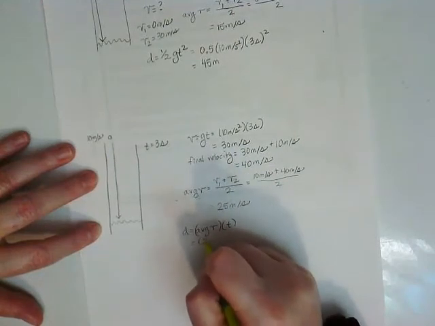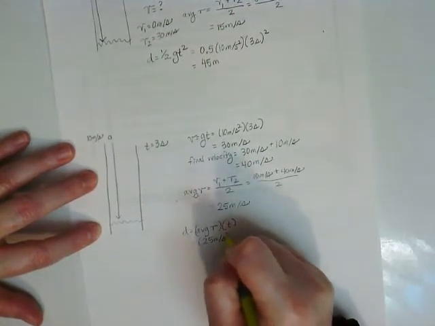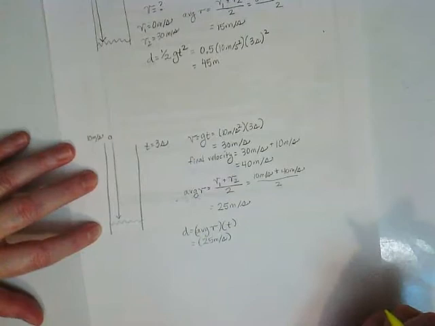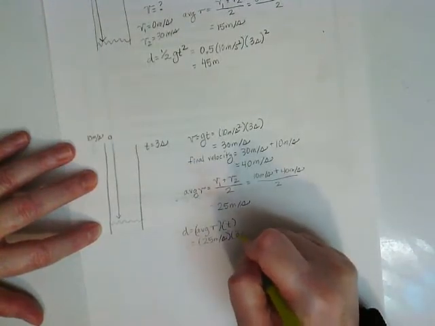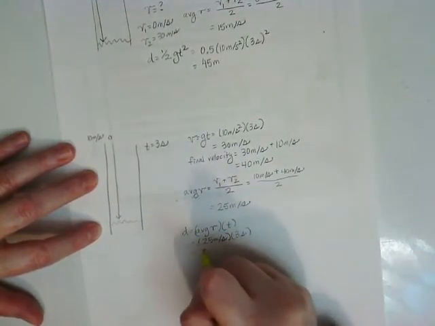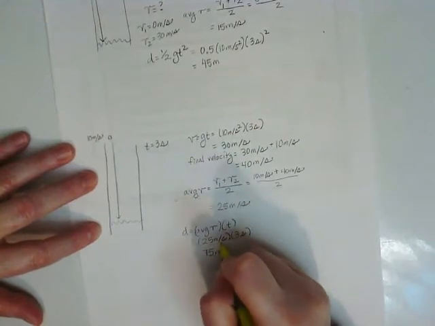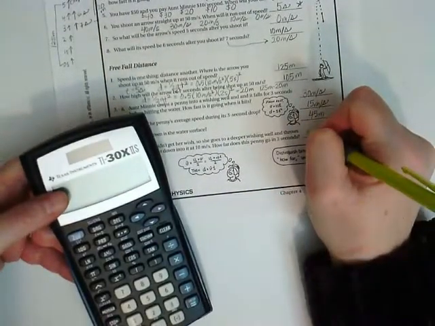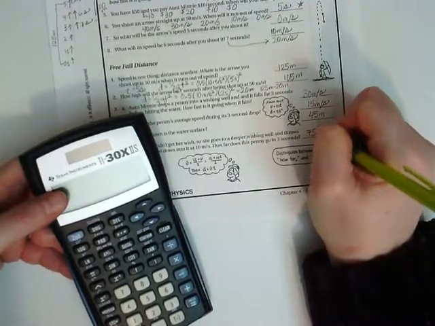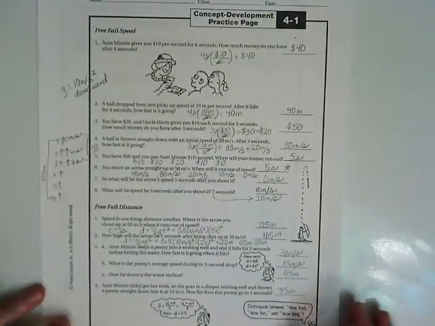So we're going to take our 25 meters per second, which is on average how fast we fall, and the fact that we fall for 3 seconds, which gives us 75 meters. So how far does this penny go in 3 seconds? It's 75 meters. So that is that first page of that.